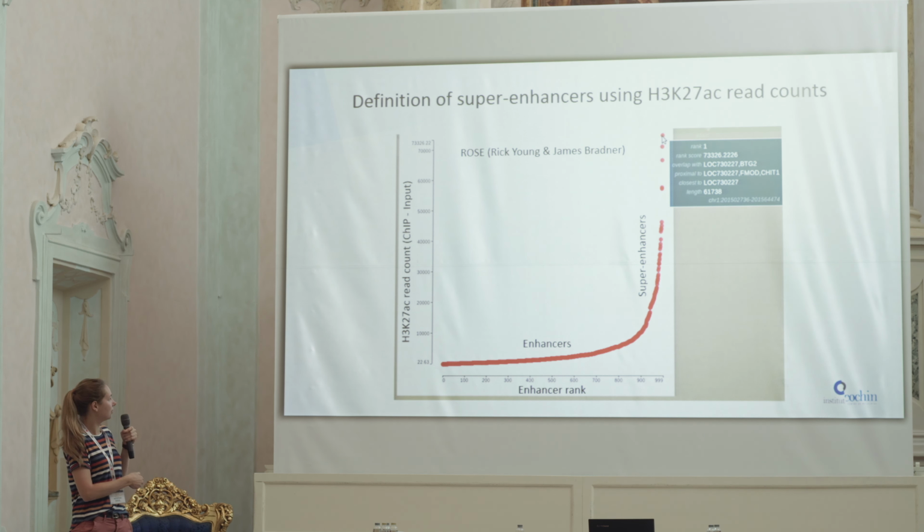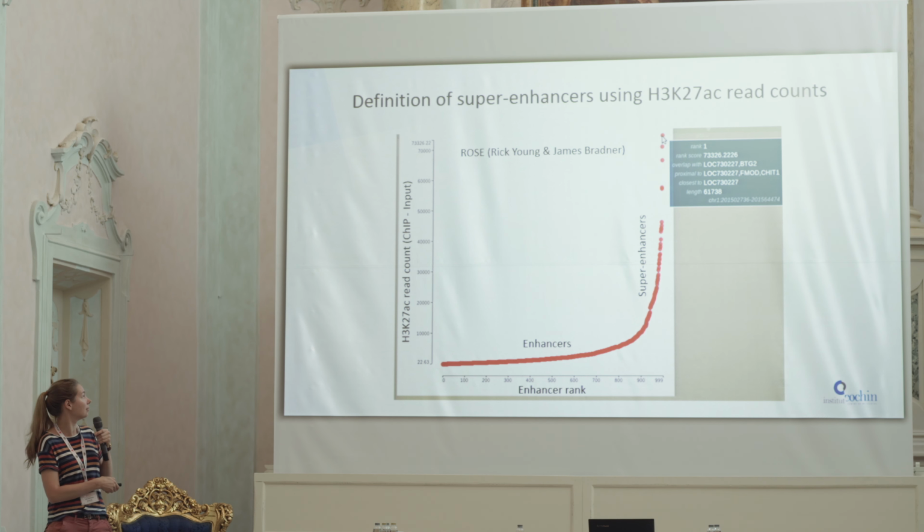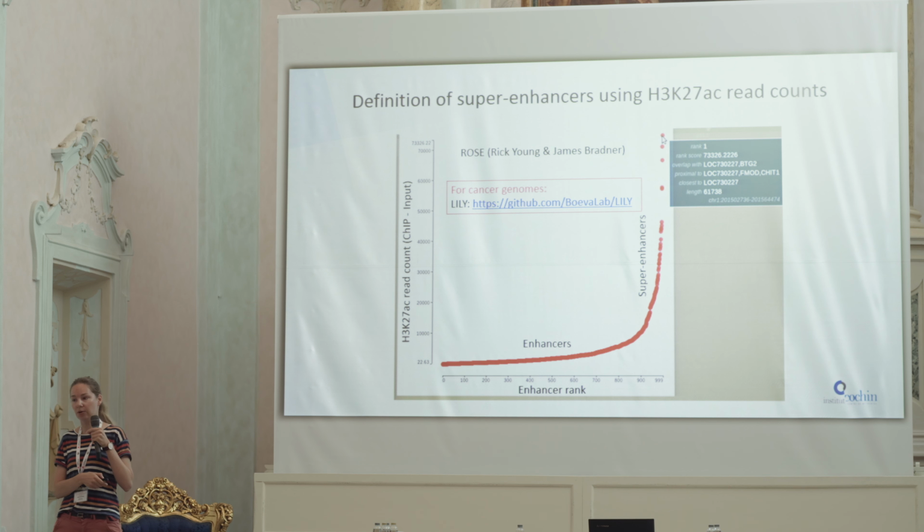The method to do this super enhancer calling is called ROSE, and it was proposed by Rick Young and James Bradner for normal cells, and we modified it in a method which is called LILY, and I'm going to talk about it a little bit later.